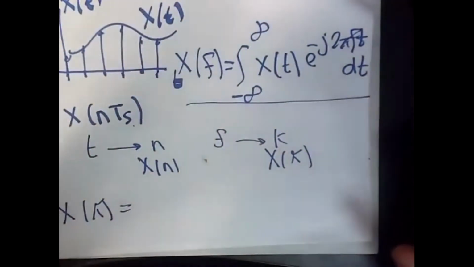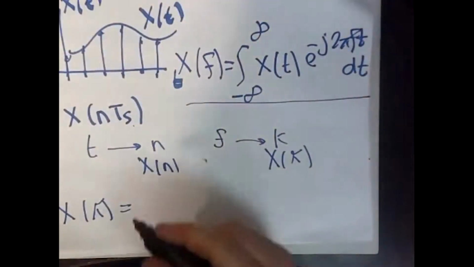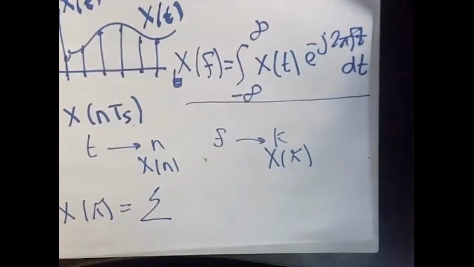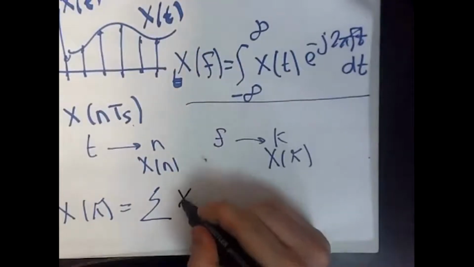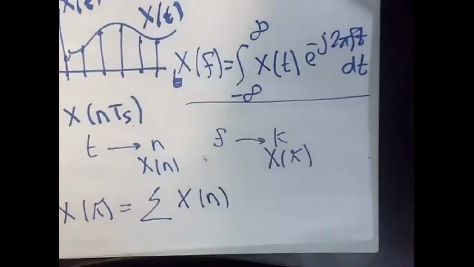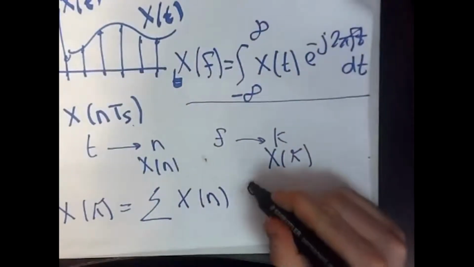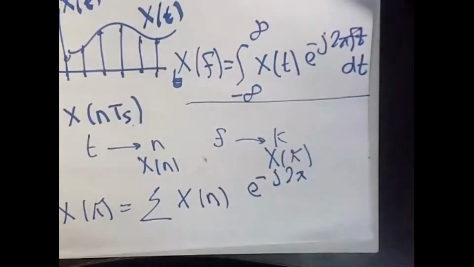So summation and integration are equivalent, but integration is on a continuous axis and summation is on a discrete axis. So you have here a summation instead of integration. Then you have your x of n, and you have this exponential, which is e power minus j2 pi. And then we have to stop.